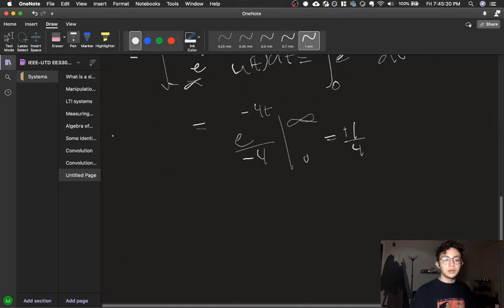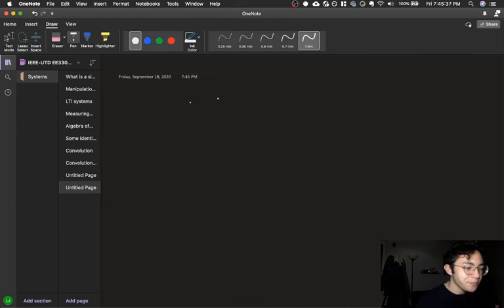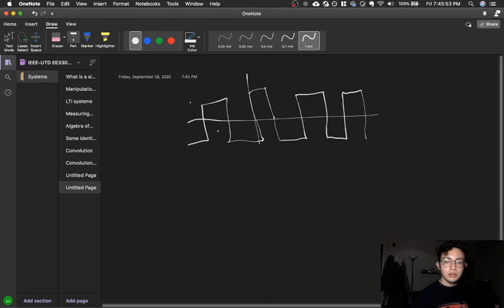So I guess I'll do one example where we do power. I'm going to take some periodic function, just like a pulse wave, where it's 1 for all of these positive values and -1 for all of these negative values.